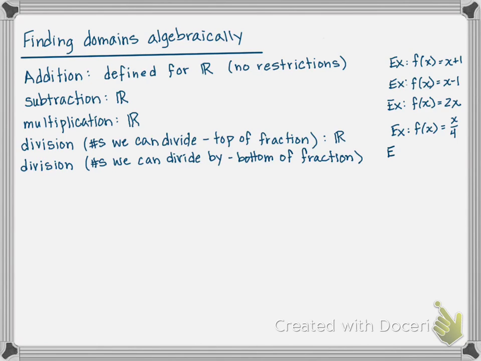So that would be like f of x equals 4 divided by x. We're dividing by our input. Can I divide by a negative? Can I divide by a positive? Can I divide by 0? Finally, something new. We can't divide by 0, right?